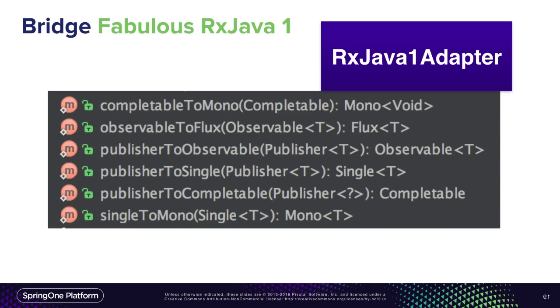If you type your signature with Observable, even if internally they use Reactor, they will use the adapter we have to convert to Observable, so you can keep using your Observable code if you want to. It's really about RxJava 1 because that's the one that doesn't implement Reactive Streams, not yet RxJava 2. We wouldn't need that for RxJava 2, for instance. Well, yeah, some sort.